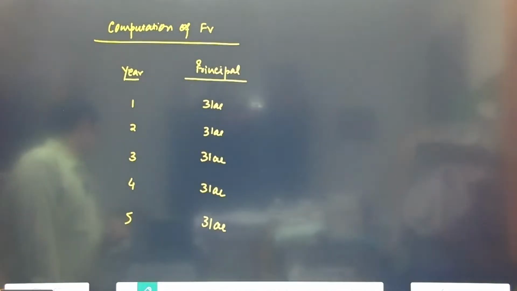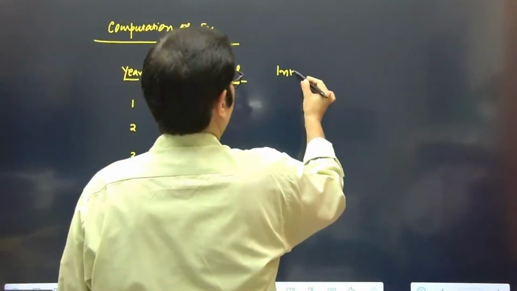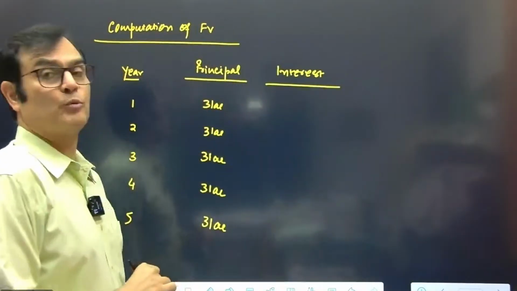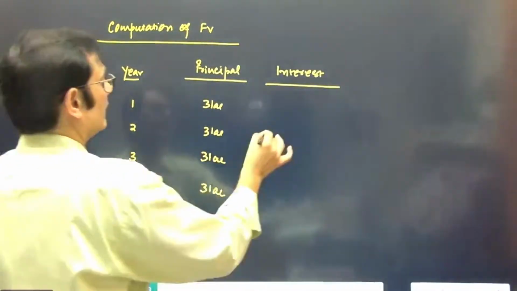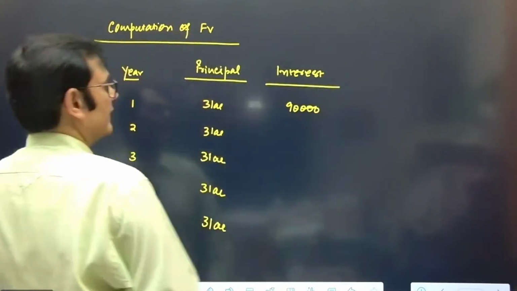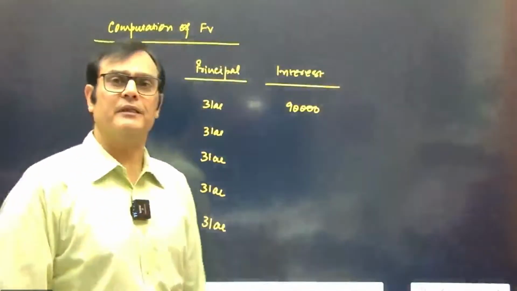And let's also calculate the interest as well. If we calculate the interest on 15 lakhs, what was the contracted rate? 6%. 6% on 15 lakhs is 90. Can I comfortably reduce this interest by 1/5 every year?